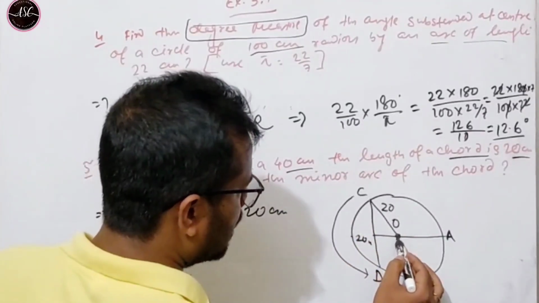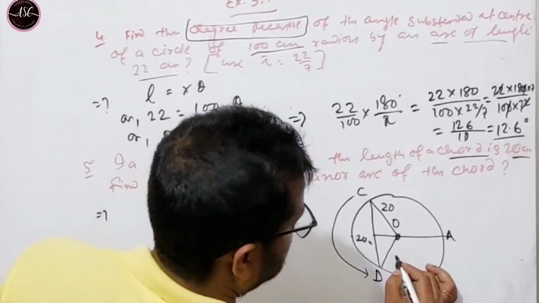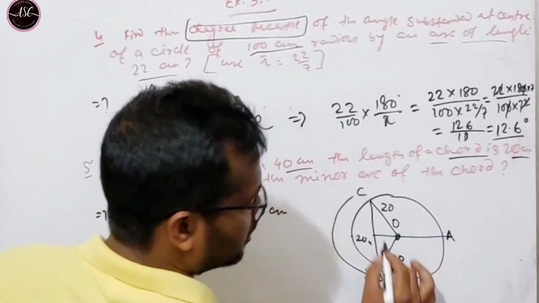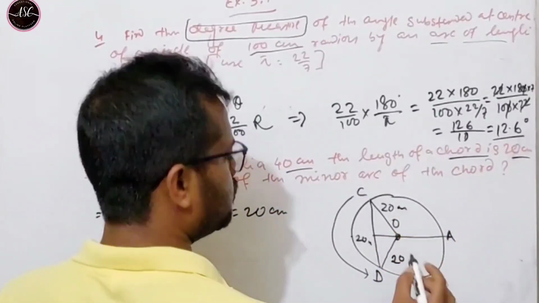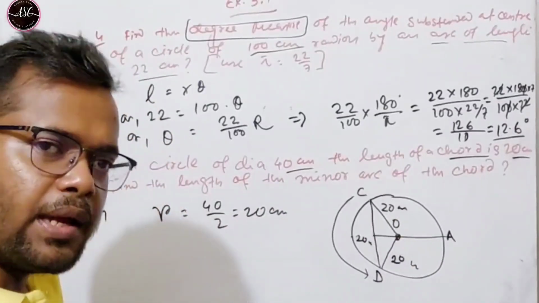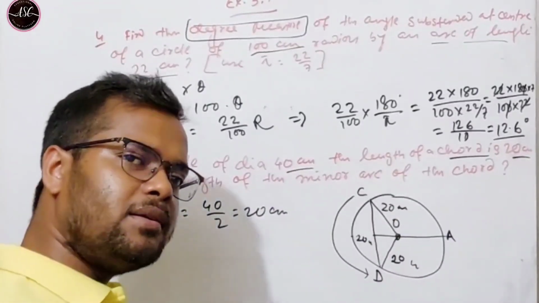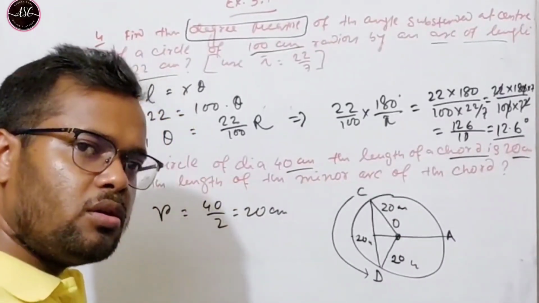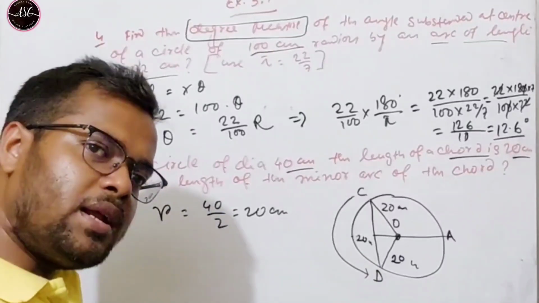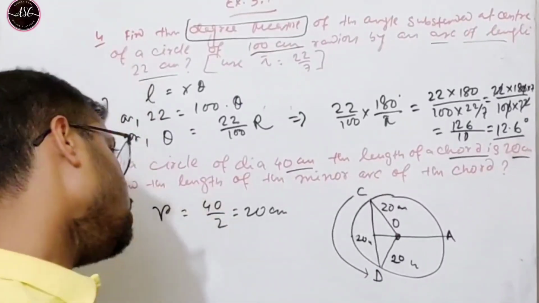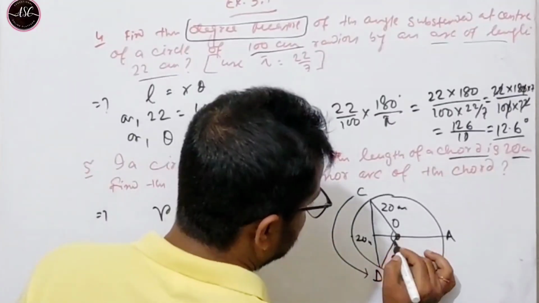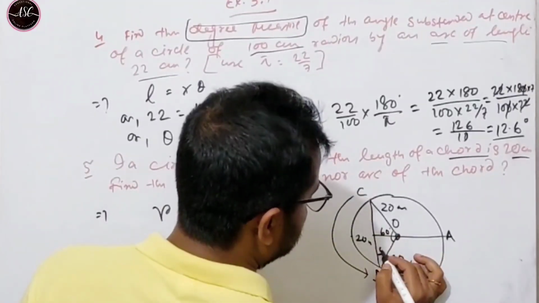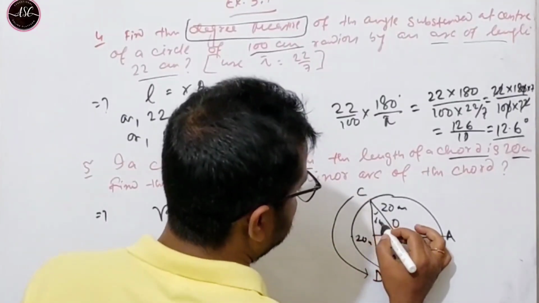If we draw another line, we get this is also the radius, this is also 20 cm. Just look, COD is the triangle whose three sides are equal. So this is an equilateral triangle. So three angles will be same. So three angles will be 60 degree. This is also 60 degree and this is also 60 degree.